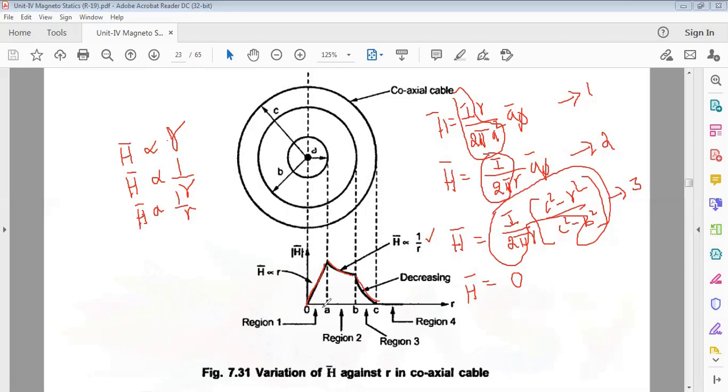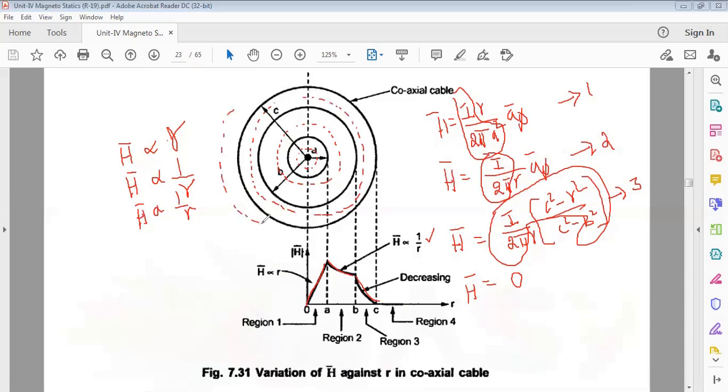In the range 0 to A, the Gaussian surface is inside A. In the second case, the Gaussian surface is in between A and B, and then in between B and C for the third case.